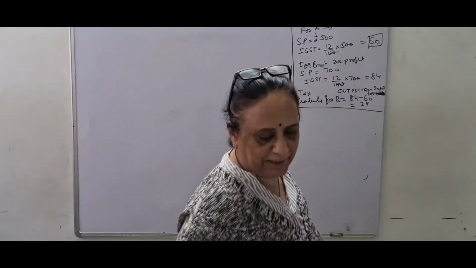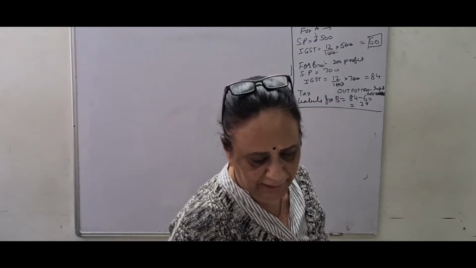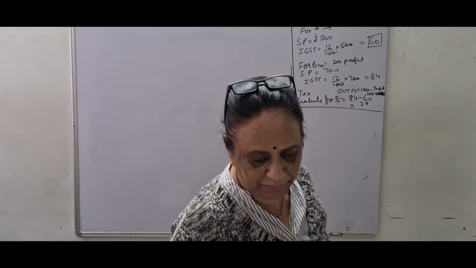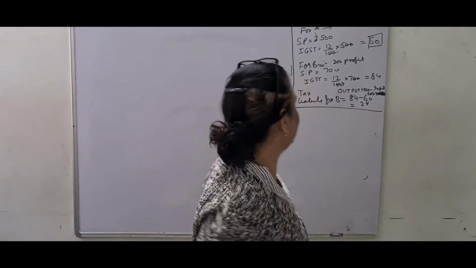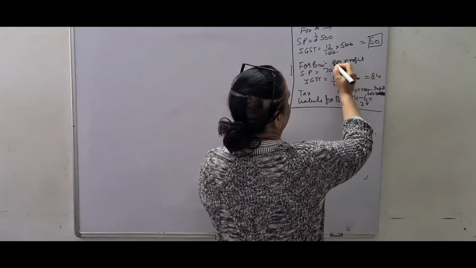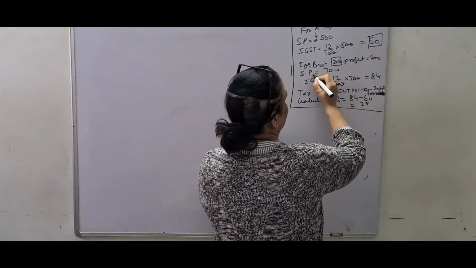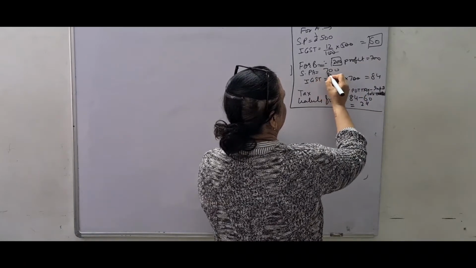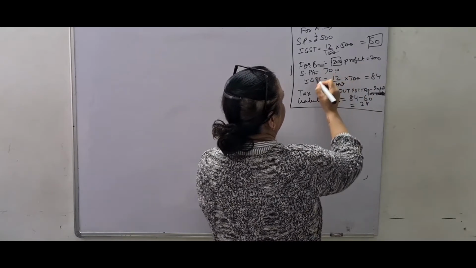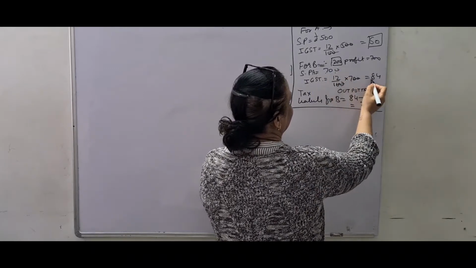Then B is again from a different state, and A has sold the goods to B, but B sells with a profit of 200. That means SP for B will be 500 plus 200, so 700 total. Now IGST again, because it is interstate, 12% of 700 is 84.